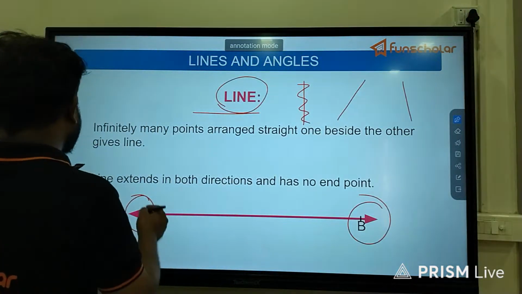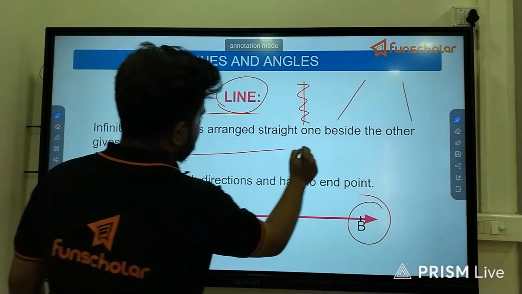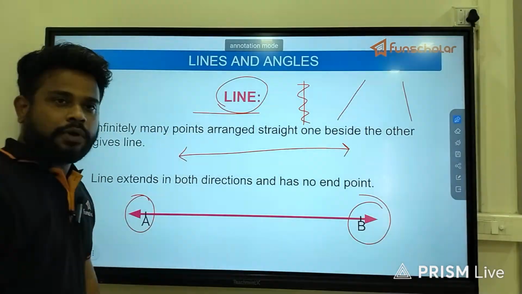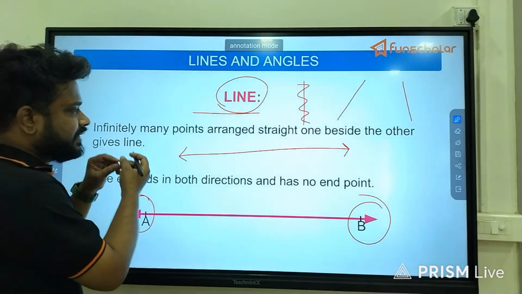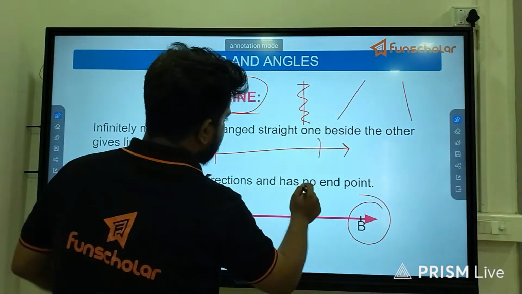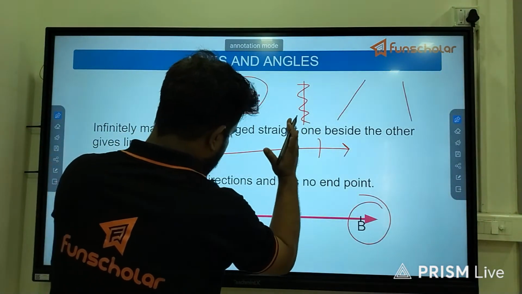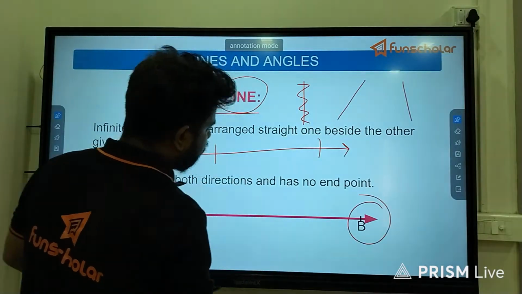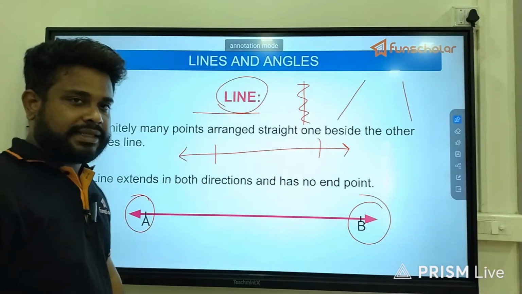Basically, a line means this type of thing, which extends in both directions. And a line segment means if we cut a small or bigger part from this, that is called a line segment.